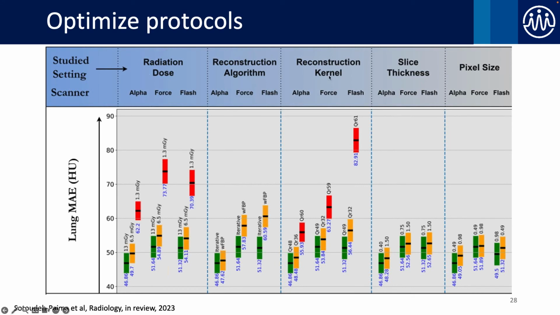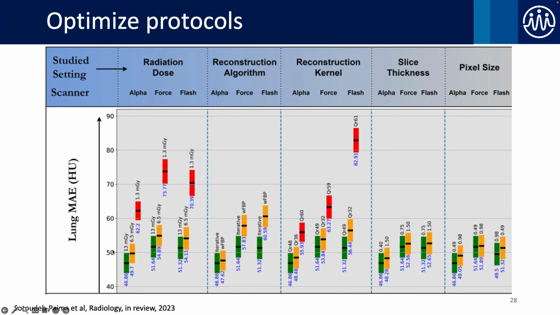And we have looked at radiation dose, reconstruction algorithm, reconstruction kernel, slice thickness, pixel size. So for the very same patient, we imaged it at various radiation doses, various reconstruction algorithms, and all of that. And with this, we were able to find the optimal protocols. What would be the better reconstruction algorithm to use for this particular study? What would be the better slice thickness to use?